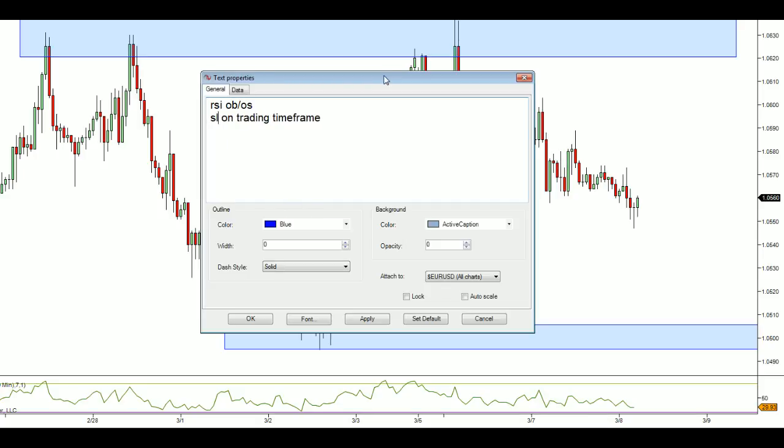Structure level on trading time frame. Let's see if I can make this TF for time frame, just trying to make it shorter. Structure level on higher time frame.